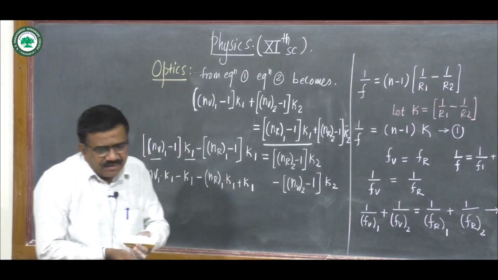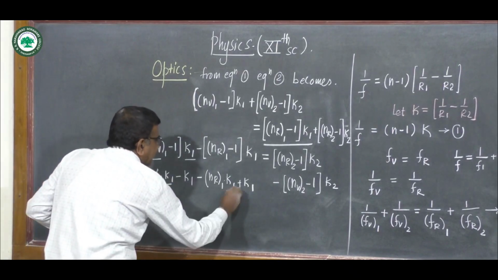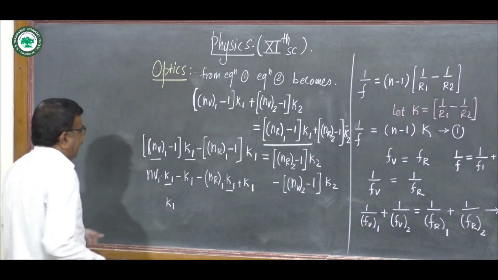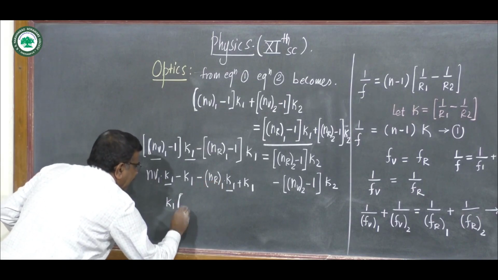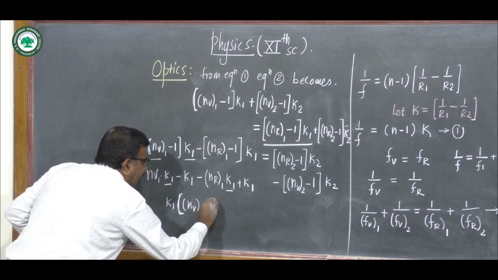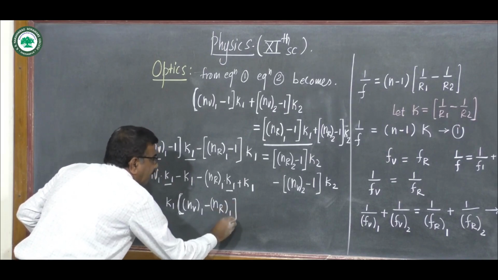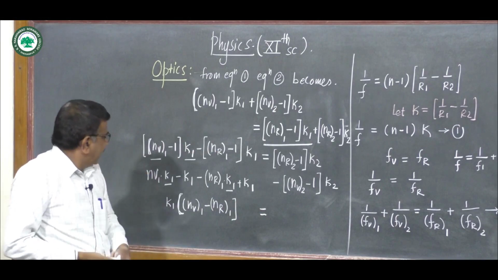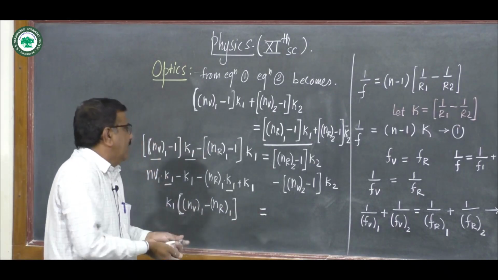Minus K1 plus K1 becomes 0, and we take K1 as common here, this becomes K1 in bracket (nV1 minus nR1).